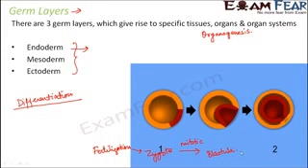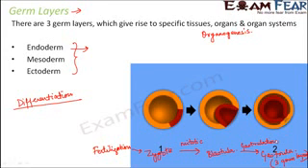Now this blastula again undergoes differentiation and forms a structure called gastrula, and this gastrula has three distinct germ layers. So very distinctly we can see the three germ layers. This process of formation of gastrula from blastula is called gastrulation.